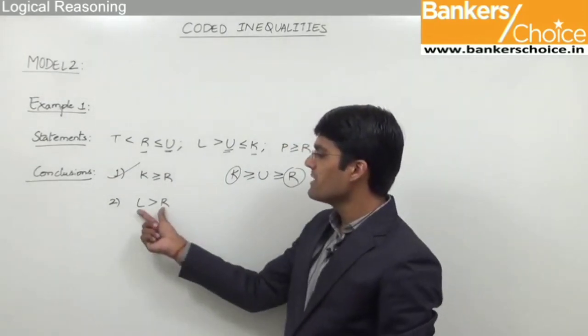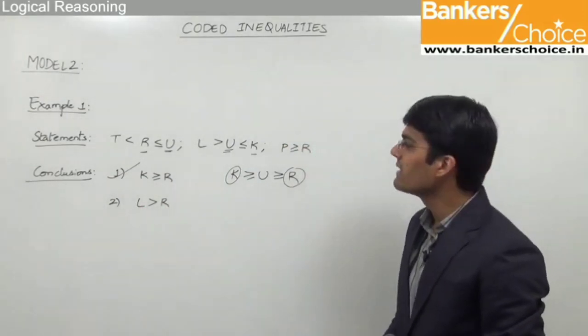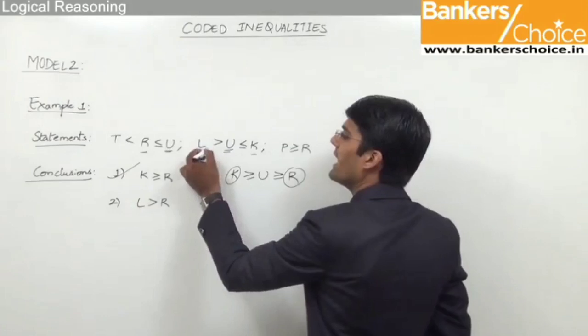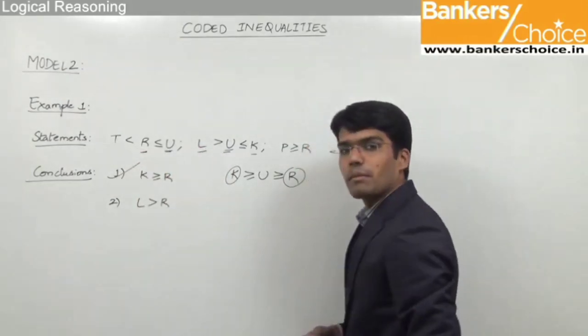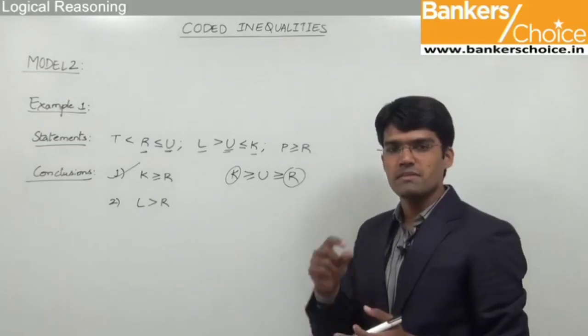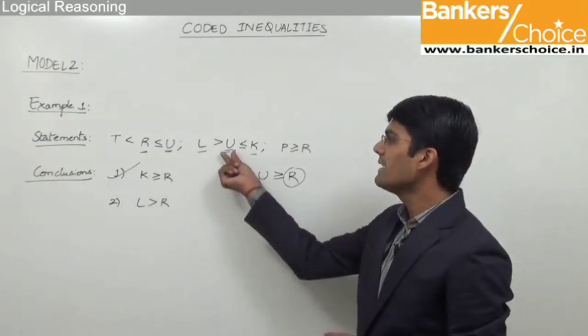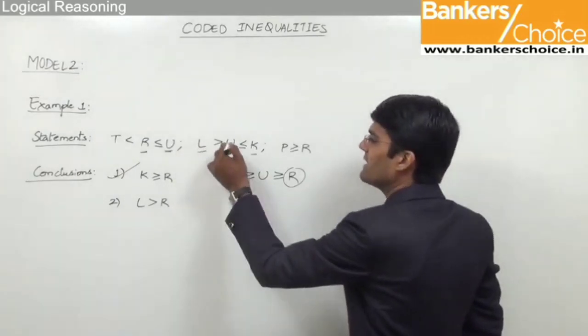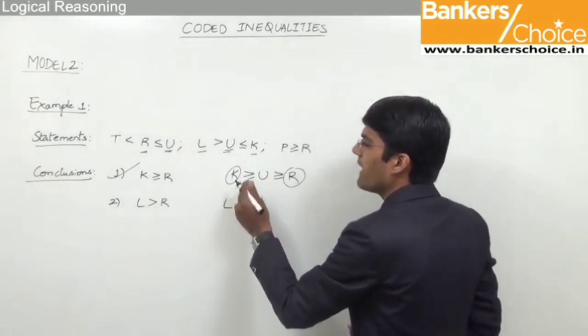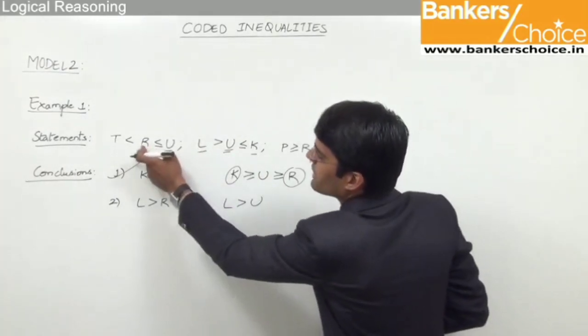Similarly, let us try to establish the relationship between l and r. Again, if you observe, the variable l is in the second statement and r is in the first statement. So we need to join these two statements with the help of a common link, and that link is nothing but the variable u again. So we can say l greater than u and u is greater than or equal to r.